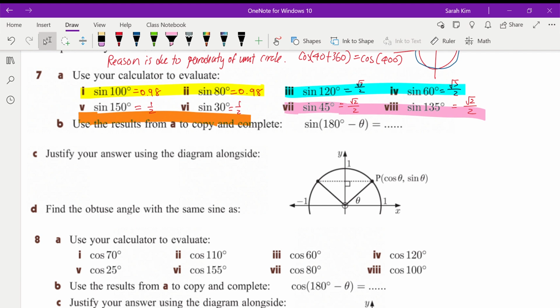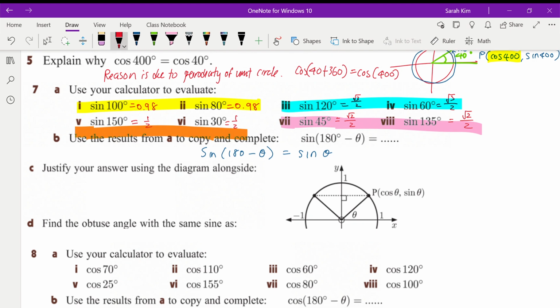So basically, if you ever do sine of 180 take theta, it's going to be exactly the same as putting sine theta in. So for example, if I go back to one of the yellow ones, sine of 180 take 100, because that's the theta, is going to be the same as sine 100.